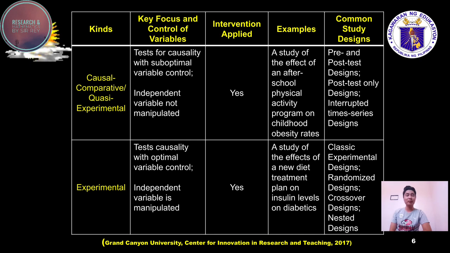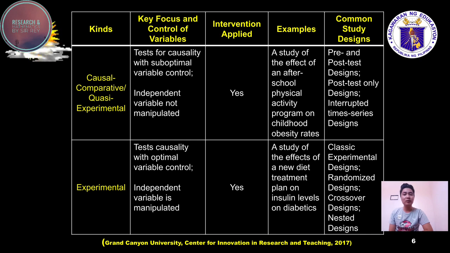So this is where we talk about independent and dependent variables. So in causal comparative, you are not going to manipulate the independent variable. Whereas in the experimental, you are going to manipulate the independent variable.